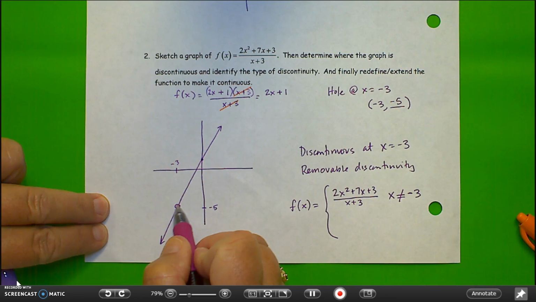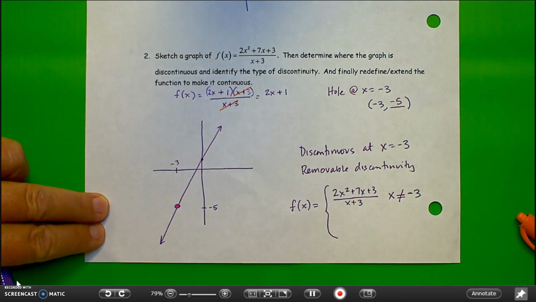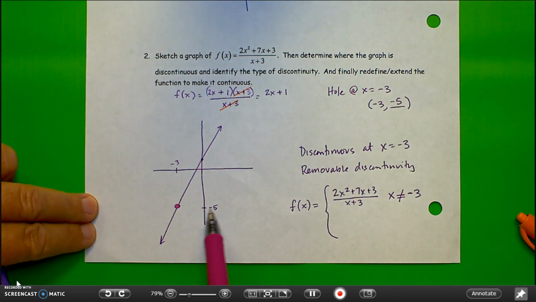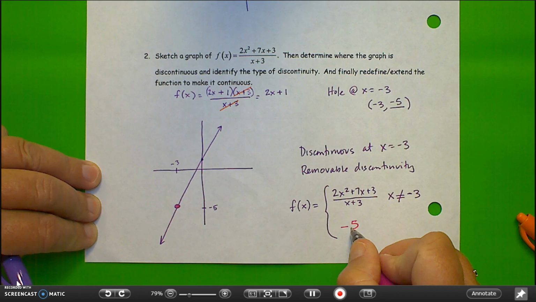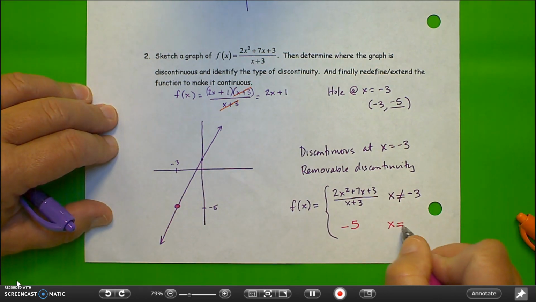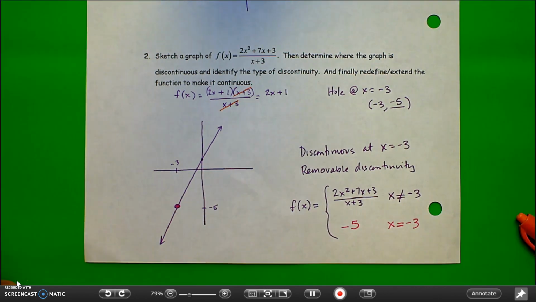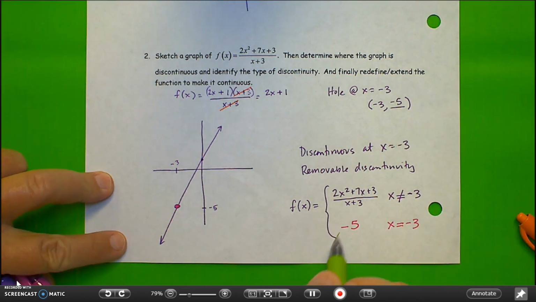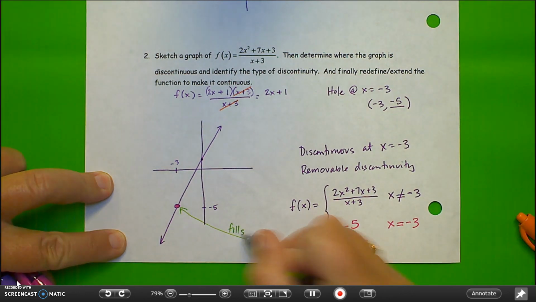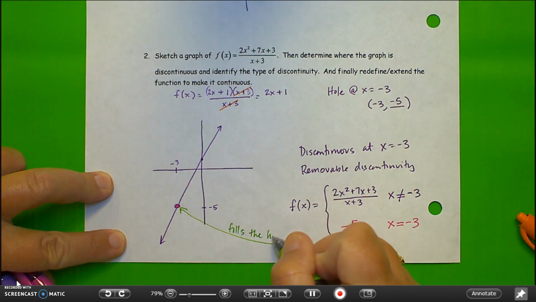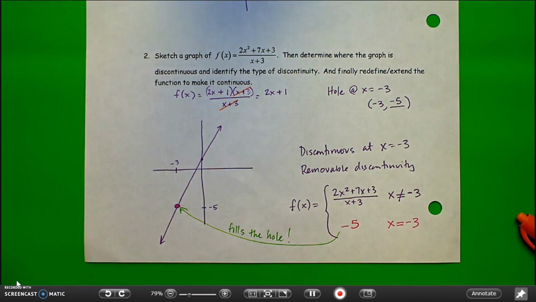Actually, I want this to be filled in, just like that. So the value I need to fill it in with, the y value, is -5. So I want my function value to equal -5 when x equals -3. Okay, so basically what I did with that step right there, this -5 basically fills the hole right there. And that is all we have for that one.